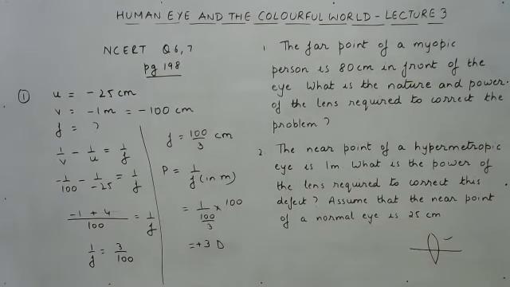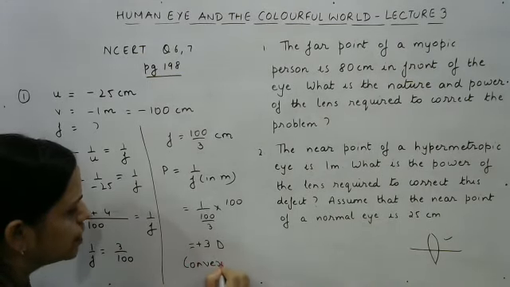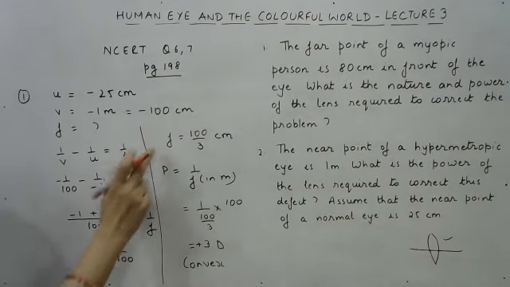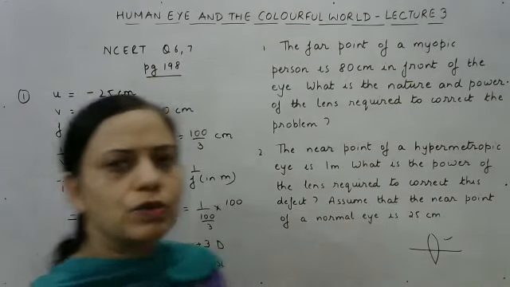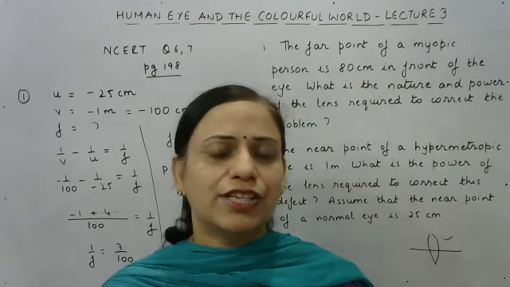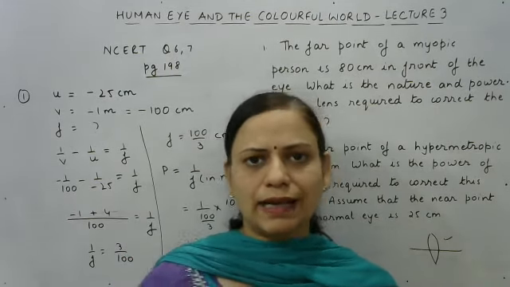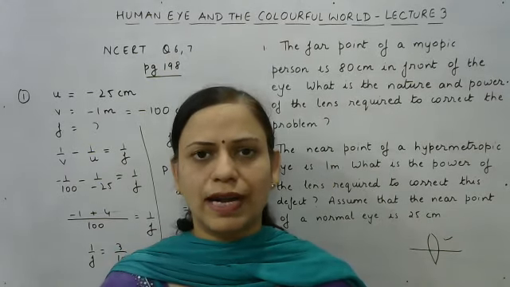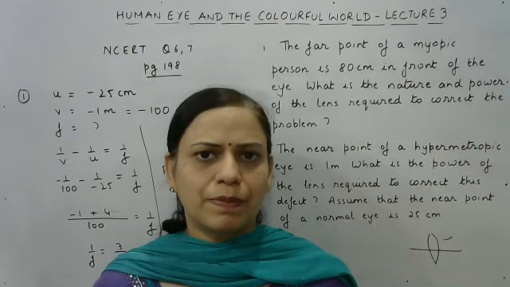Now what does the plus sign indicate? That the nature of the lens is a convex lens, because a convex lens has a positive focal length, which we concluded from here also, as well as a positive power also. So from this you can conclude that whenever we need to find out the nature of the lens, just by looking at the symbol of the focal length, whether it is positive or negative, the same will be the symbol of the power also.